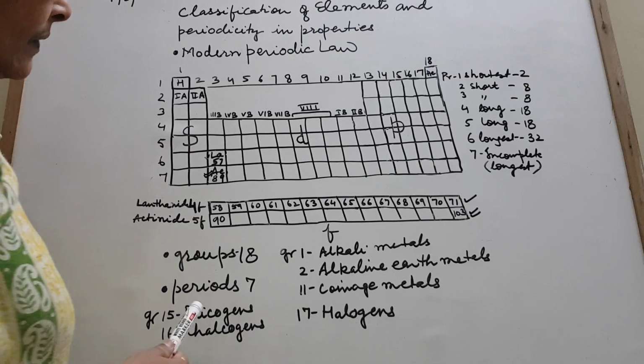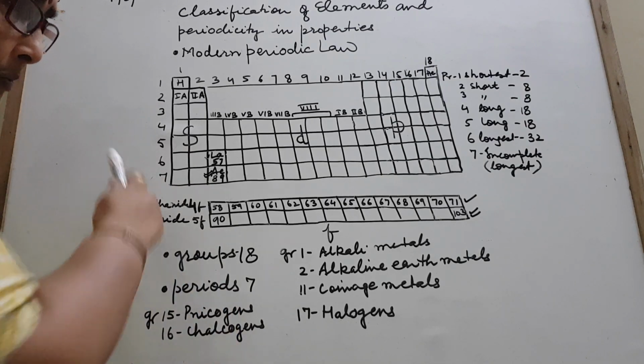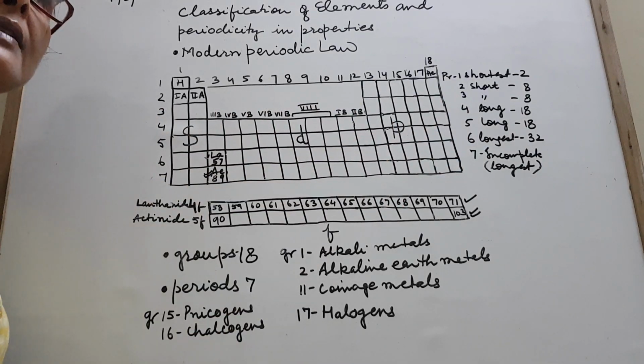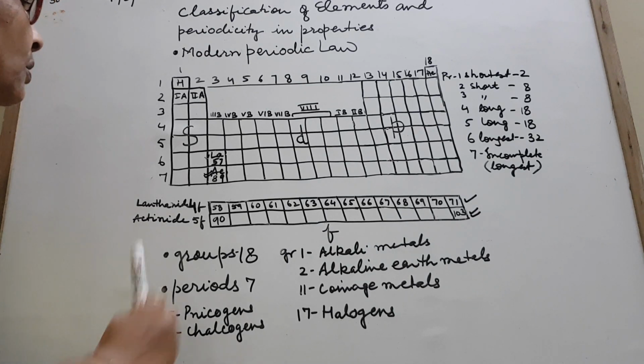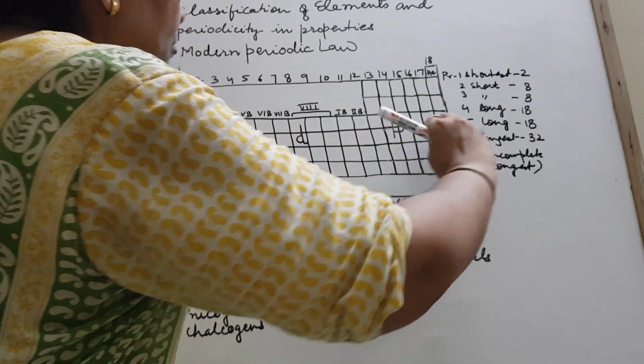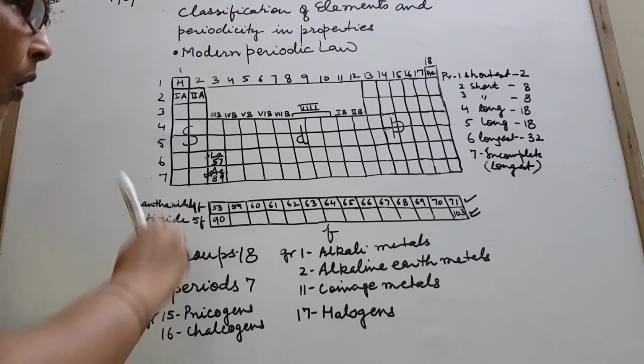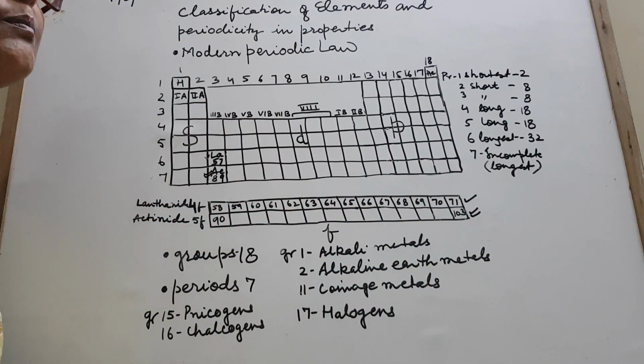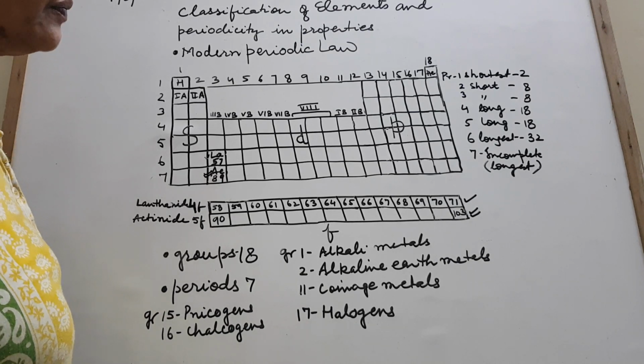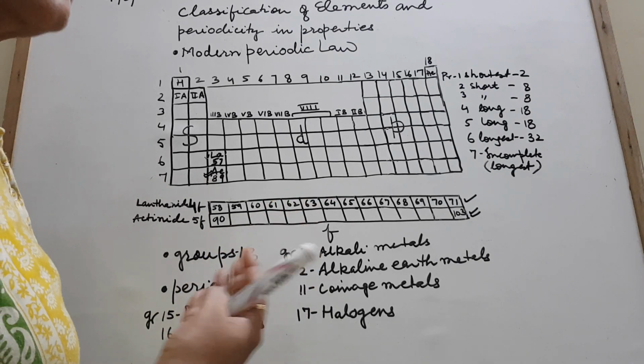Then periods. A period tells us the number of shells present in an atom. All the elements belonging to a particular period have the same number of shells in their atom, the same outermost shell number. In short, through this we get an idea about the principal quantum number n.